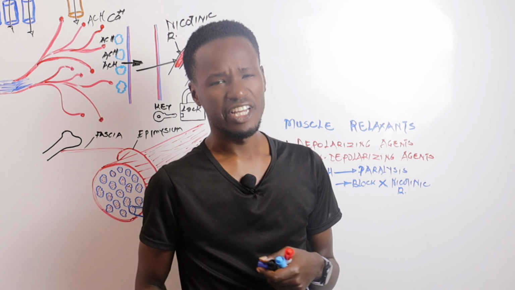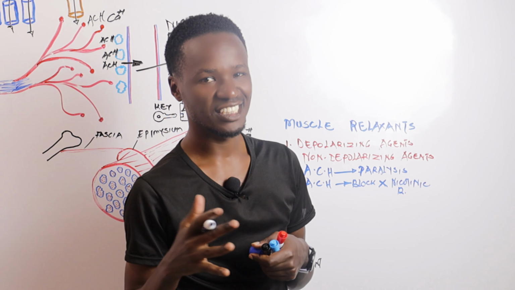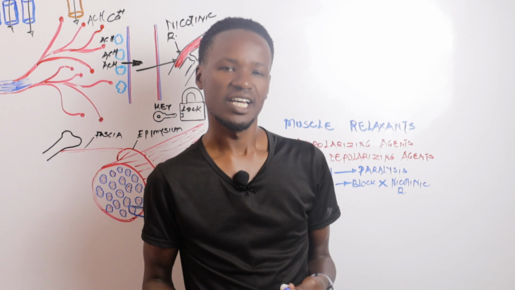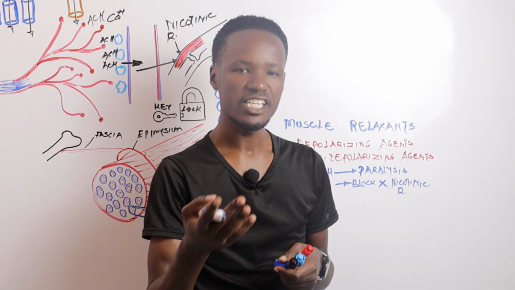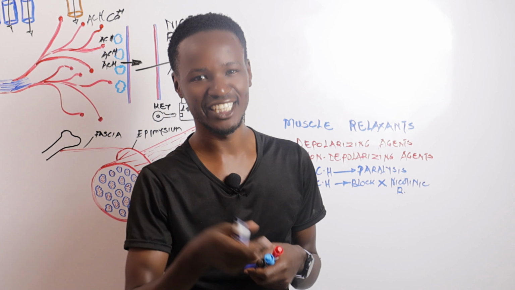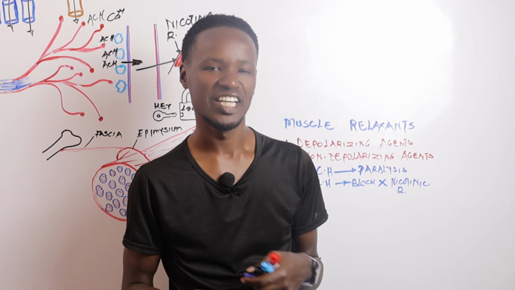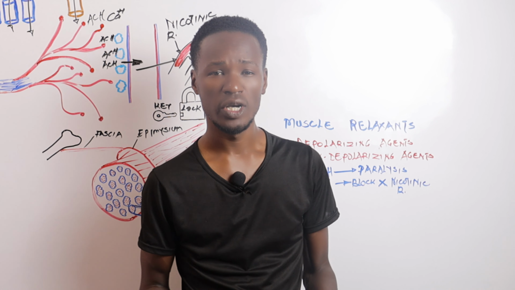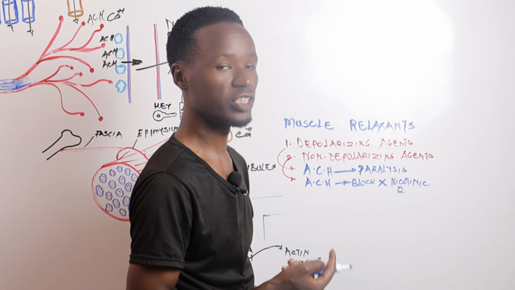And with this, if acetylcholine doesn't attach itself, it means what? It means that the opening of the voltage-gated sodium channels and the voltage-gated calcium channels won't happen. And so muscle contraction will not happen.